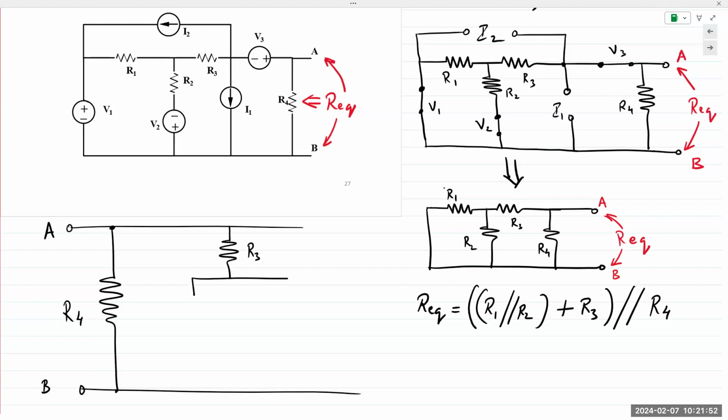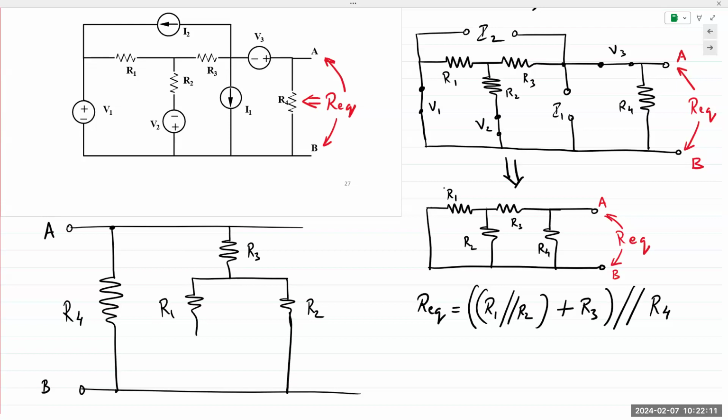I'm going to split. I have R1 and I have R2. And the other end of R2 is directly connected to B. I'll just touch down there.